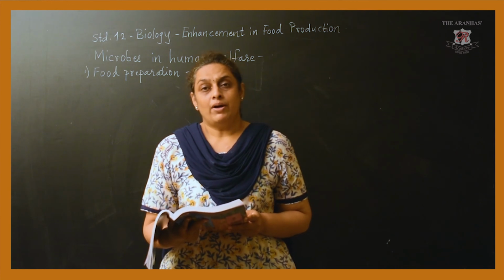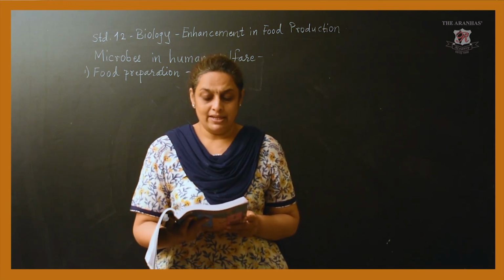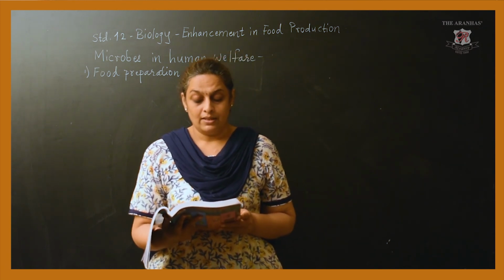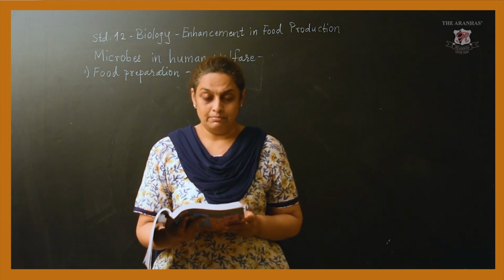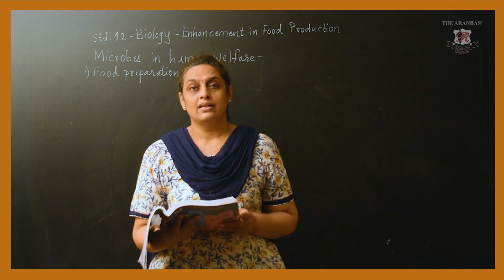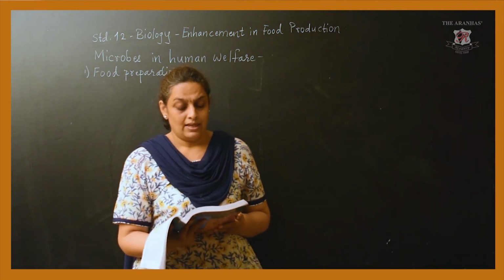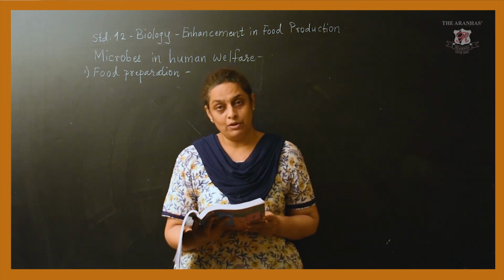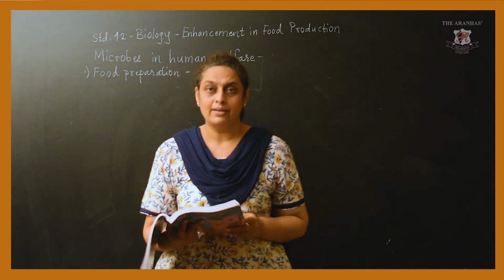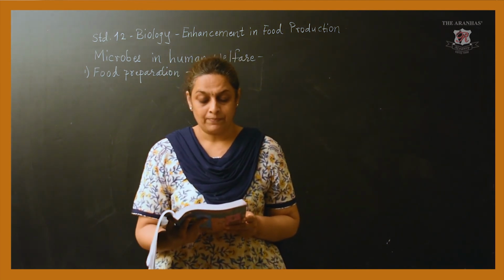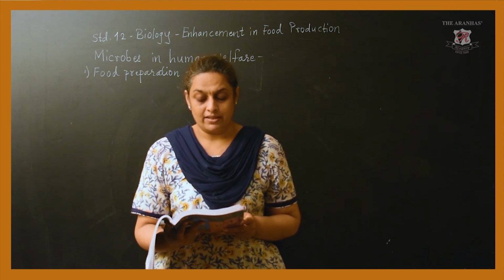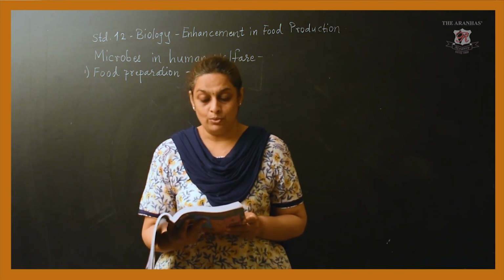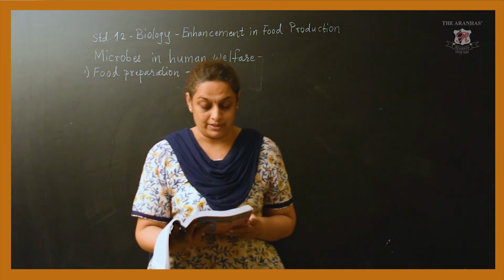For alcoholic beverage preparation, the raw materials are usually fruit juices, then cereal grains are also used, and wine, beer, whiskey, brandy, rum are a variety of alcoholic beverages manufactured by the fermentation process, and a variety of yeast, that is Saccharomyces cerevisiae, is very commonly used.